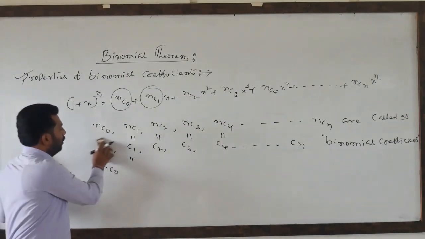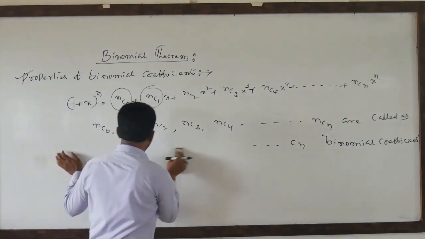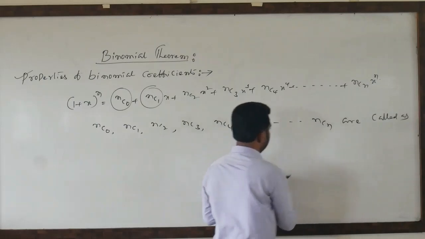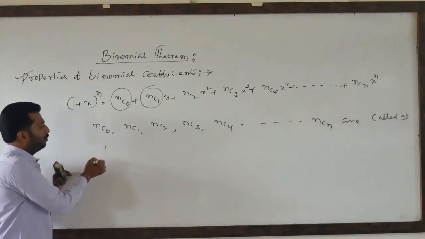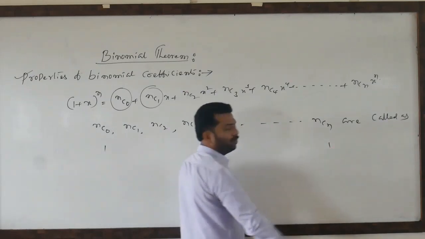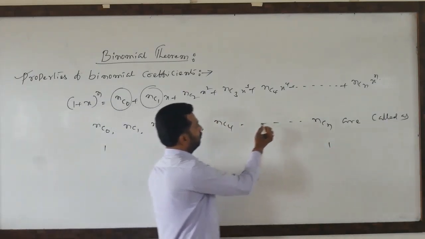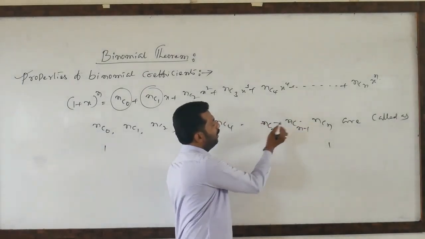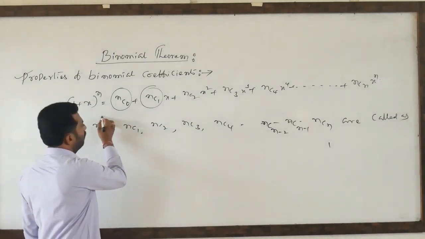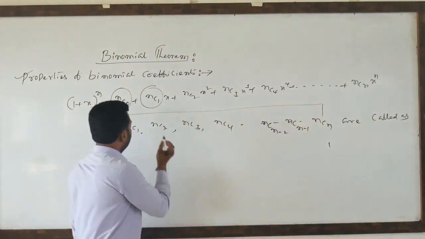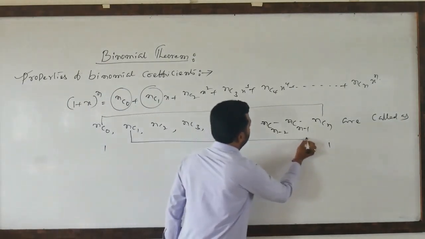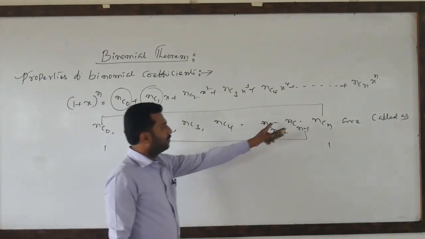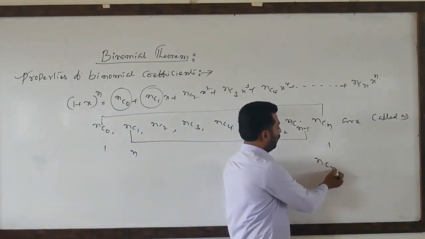Okay. So these binomial coefficients are equidistant from the beginning and end. You observe nC0 value is 1, nCn value is also 1. What is the previous term? nC(n-1). Its previous term nC(n-2). You observe, first and last values are the same. Next, nC1 value and nC(n-1), both are the same or not? nC1 value is n only, and nC(n-1) is also n.